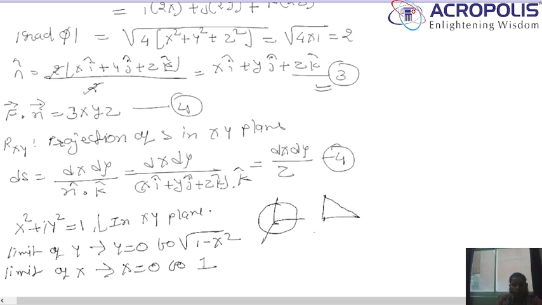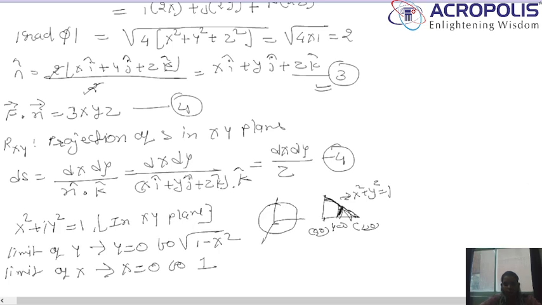Here x varies from 0 to 1, and y varies from 0 to the line, and this line is nothing but the circumference of x square plus y square equal to 1, so we take the limit in this way.